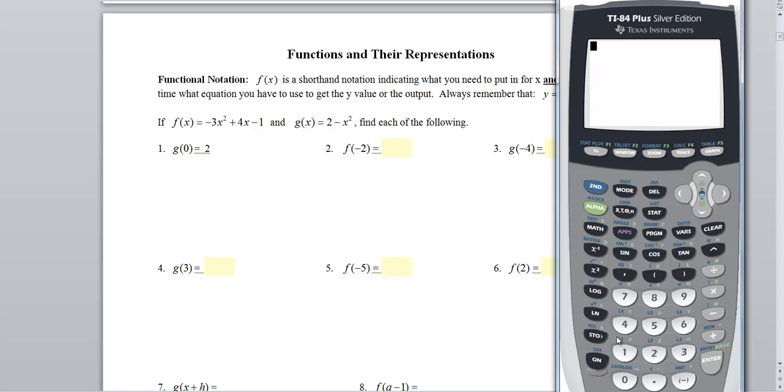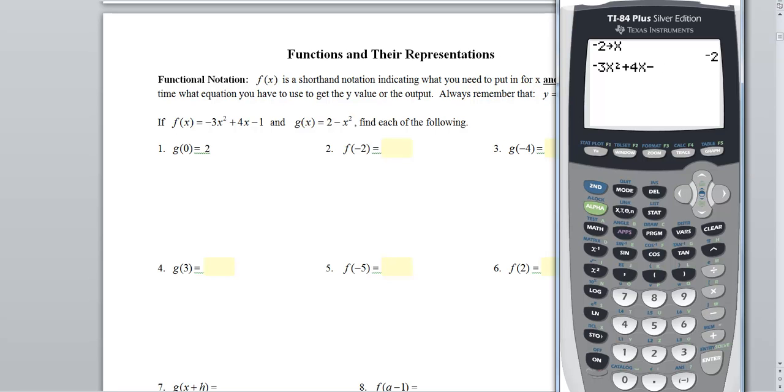I need to put in my x value, so let me type in negative 2, store in x, and then hit enter. Now I'm going to type in my function. I've got a negative 3x squared plus 4x minus 1.